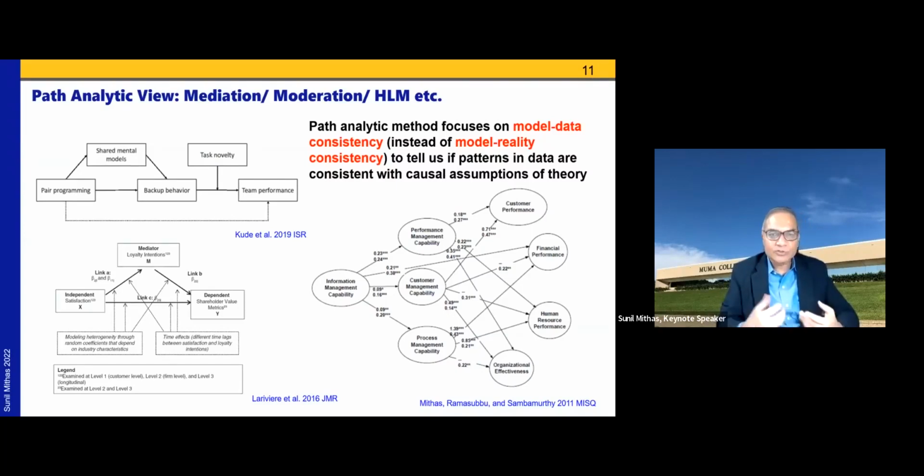Sometimes they might also use hierarchical linear modeling depending on the data structure. And there is nothing wrong in assessing causality using this approach, because some people believe that this approach allows you to talk about the causal pathways. It allows you to build some theories, or at least test your theories, which might have some mediation or some moderation, and see whether you can find support for them in your data or not.